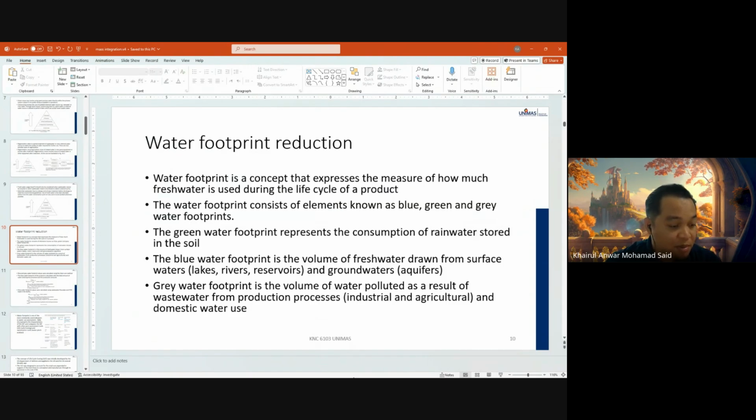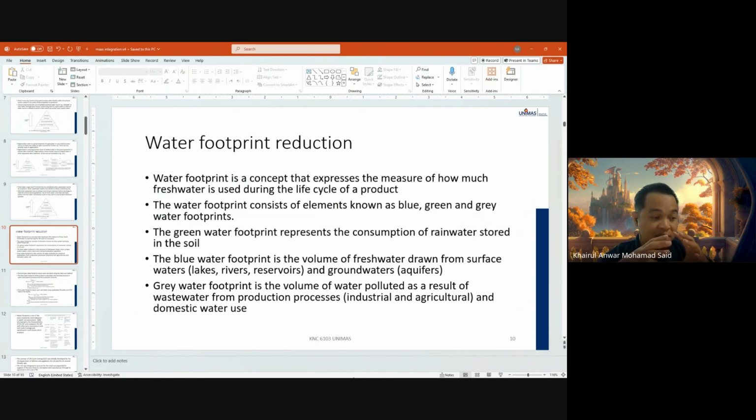For process engineering in relation to industry, this is the most critical color. It doesn't represent the water that we physically use, but the amount of natural water degraded when you release the waste.